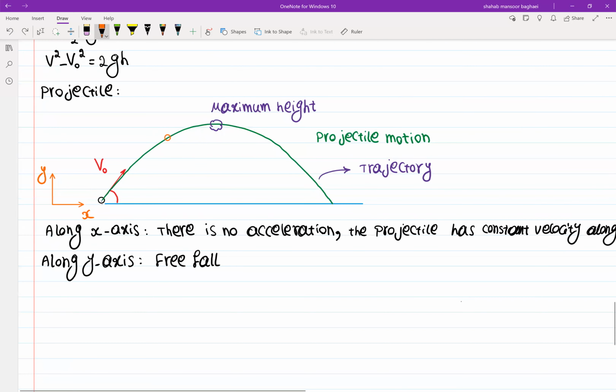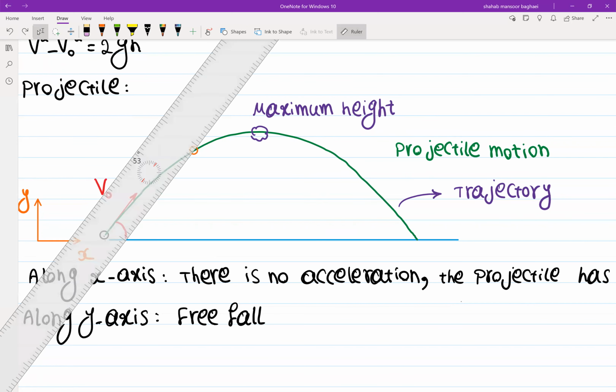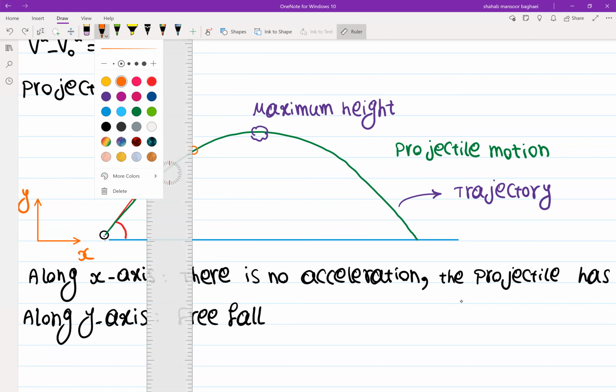If this is your projectile here, orange color, question, does it have acceleration? Of course, yes. The projectile has acceleration. What is the acceleration of the projectile? That's gravity. And you know gravity has direction. It is downward. Along the y-axis, it is downward.